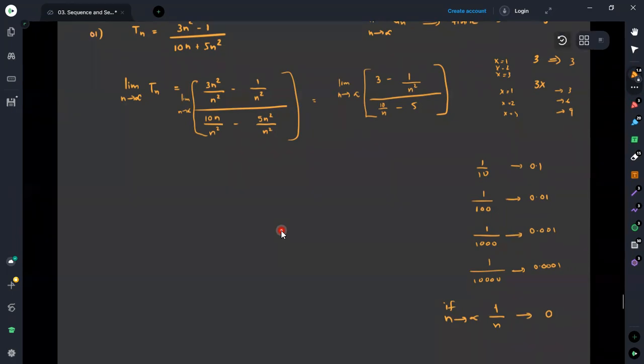Then, by combining these two concepts, we'll take the limits. Here we'll take the limits of these terms separately.